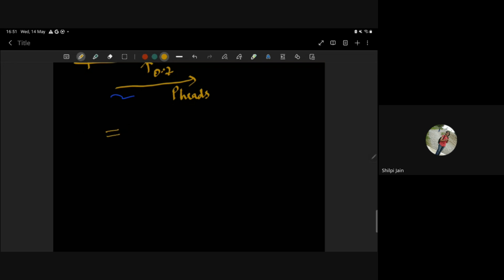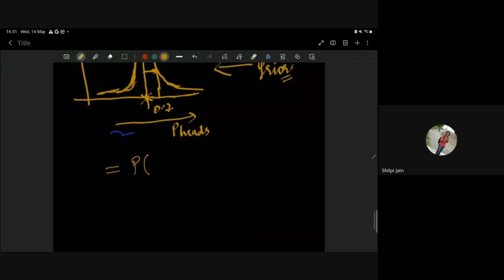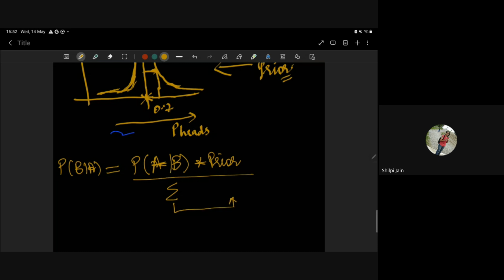Let's say we obtained 50 heads, and then I will just use the Bayes theorem, and sum over all such possibilities.